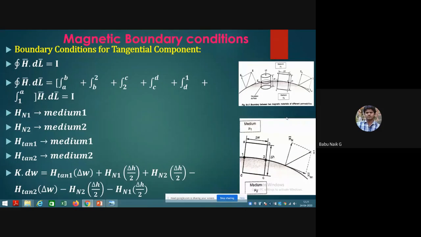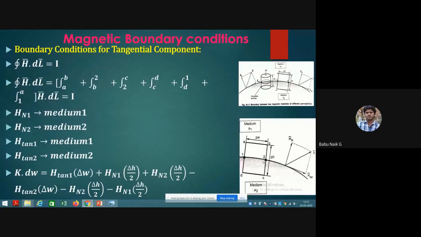After considering this closed path, A to B, B to C, C to D, and D to A, which is placed half in medium one and half in medium two, I have given the names medium 1 and 2 where it is touching the boundary condition line.